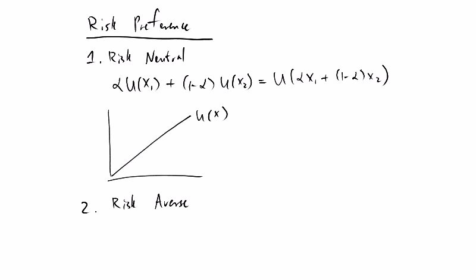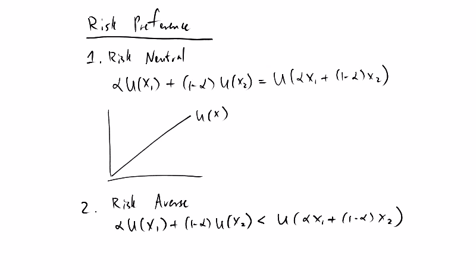Mathematically, that's the same as saying the average utility, alpha times u of x1 plus 1 minus alpha times u of x2, is smaller than the utility of the average. So that's risk averse. Any utility function that satisfies this property is a risk averse utility function. Graphically, it's a concave function.